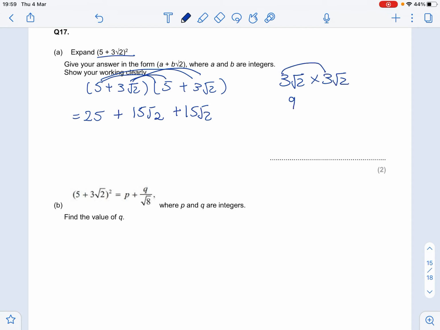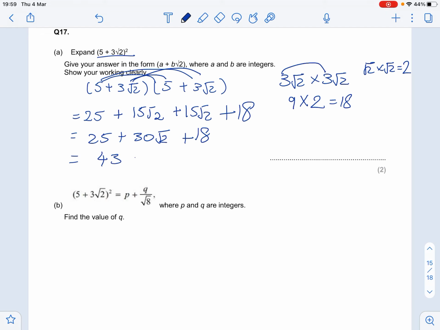So 3 times 3 is 9. √2 multiplied by √2 equals 2. So this is 9 times 2, which is 18. So this part becomes plus 18. Add them together and you get 25 plus 30√2 plus 18, which equals 43 plus 30√2.